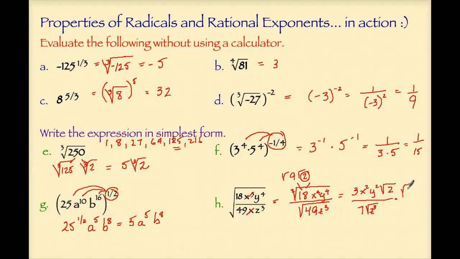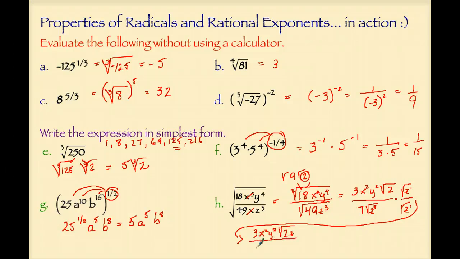What if I multiply the top and bottom of this fraction by z to the 1? Since 3 plus 1 is 4, that would give me z to the 4th power in the denominator. Let's move down here. In the numerator now, I have 3x squared, y squared, and now this 2 times z under the radical.